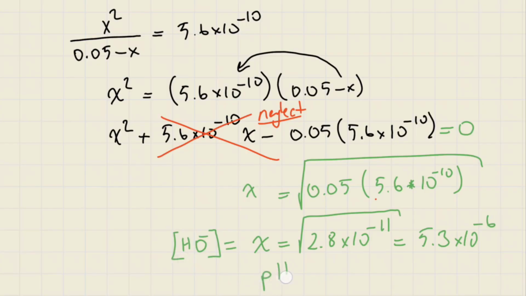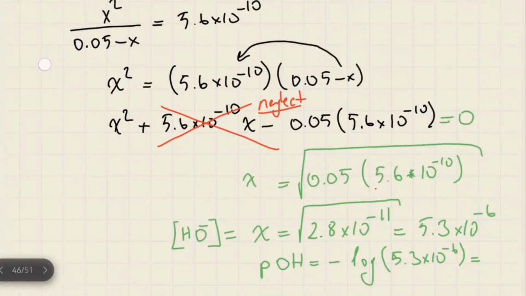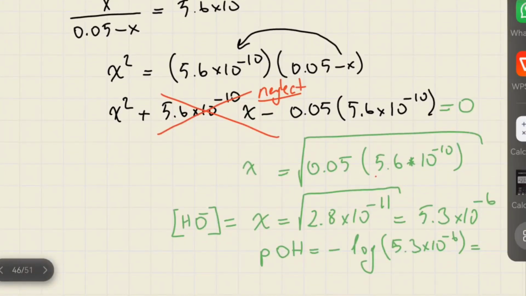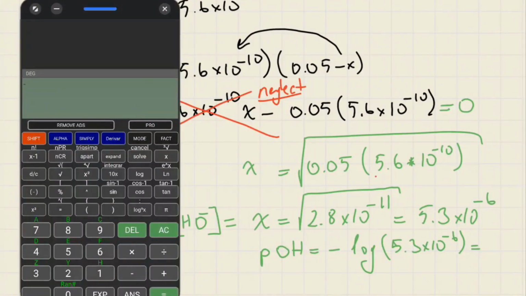And if we can calculate the pOH, it is minus log 5.3 times 10 to the minus 6, and it is equal to 5.28.